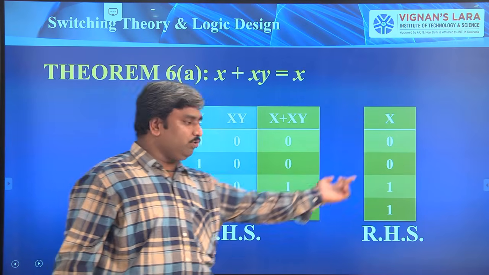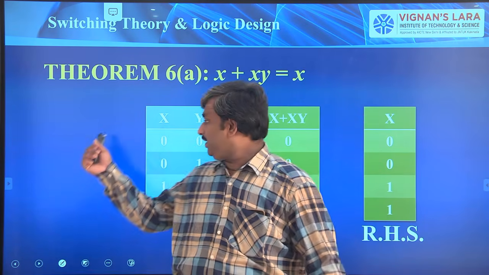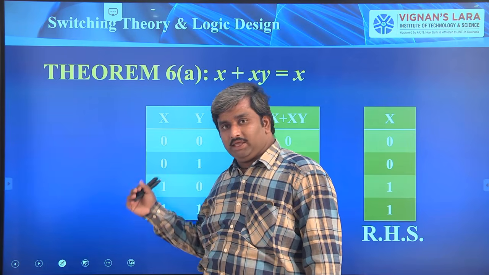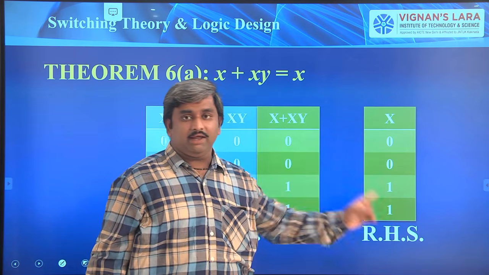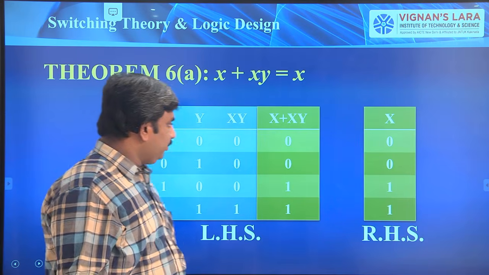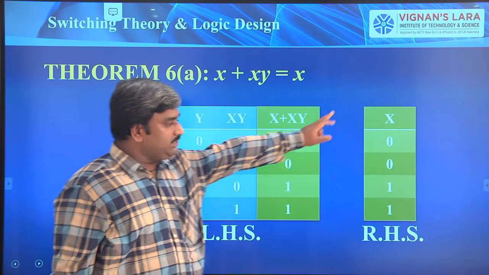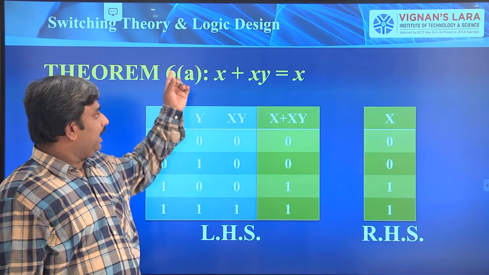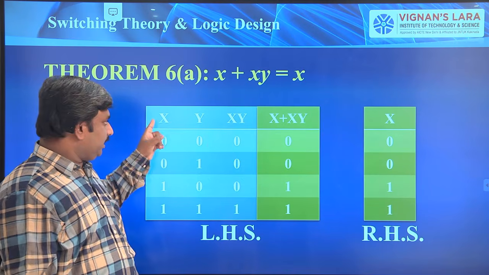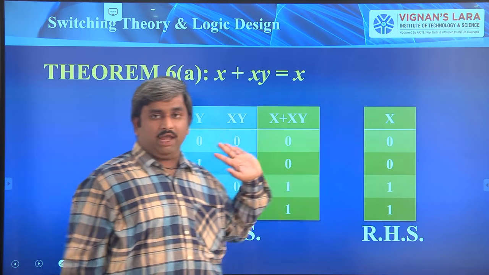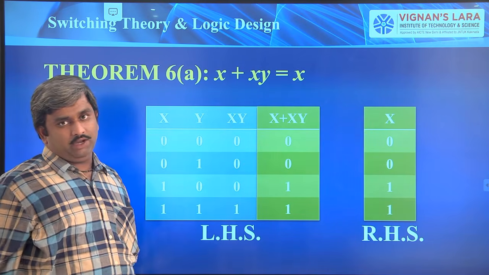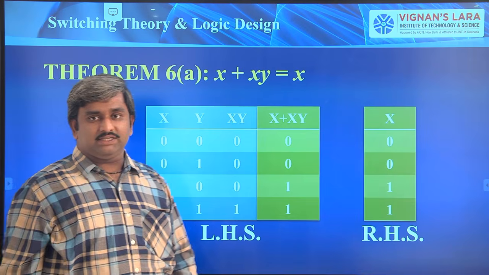Here LHS is equal to RHS. The same x value, whatever it may be, from the left side of the board I have represented on the right side of the board also. So x plus xy is equal to x, both are the same. LHS is equal to RHS. Here x is 0 0 1 1, and the same 0 0 1 1 I have kept. I have not changed any x value. So this is the theorem 6A proof.